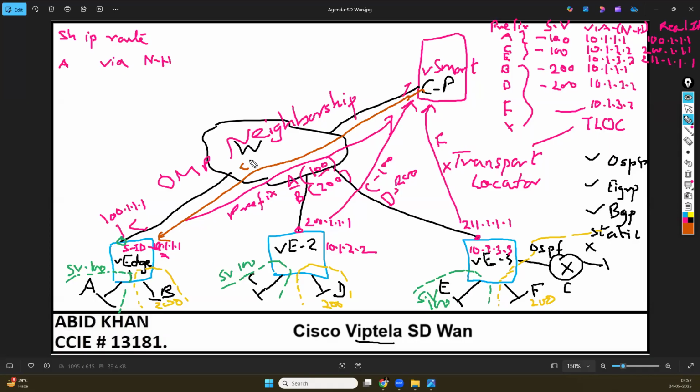C and let's say E, they are in service VPN 100, like that, and then D, F, X in service VPN 200.